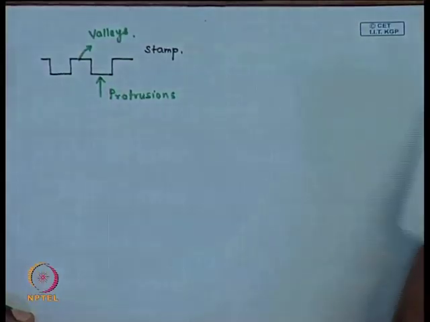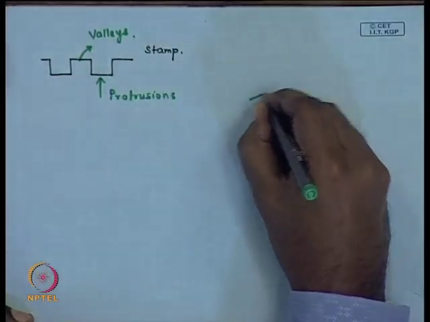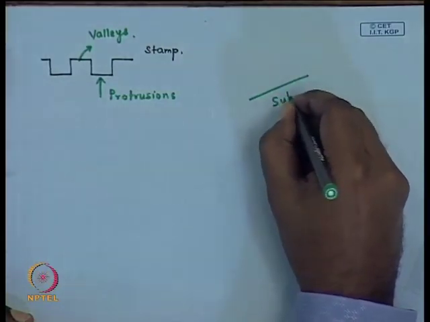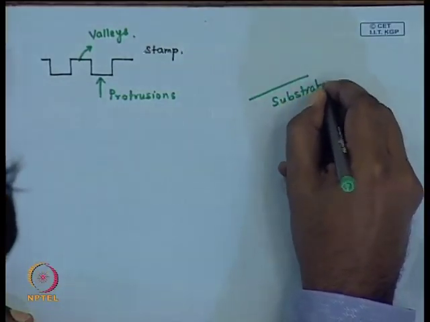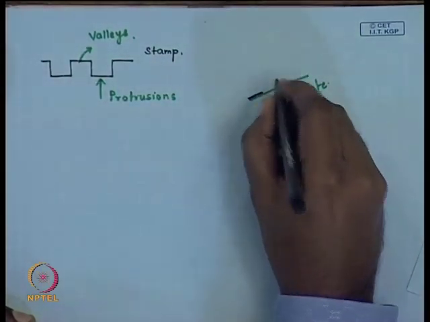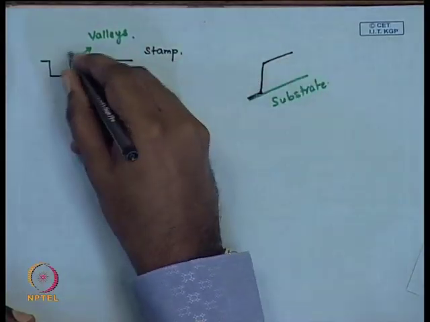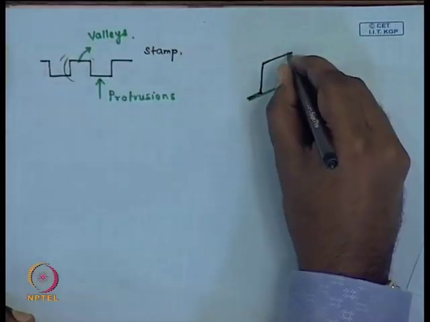Okay. So, if you look into it in detail, if you look at a contact zone, let us say in detail. So, this is the substrate and this is the stamp. We are looking at one feature of the stamp, let us say this area.